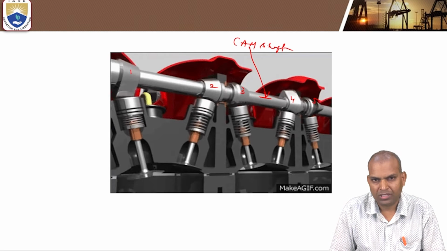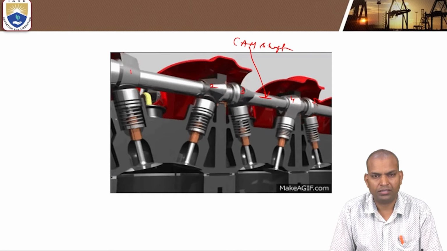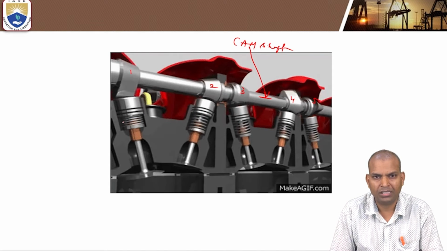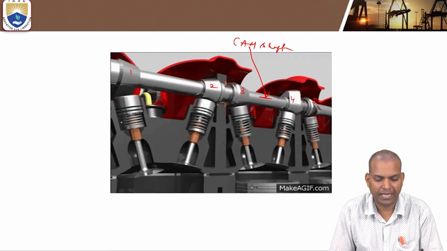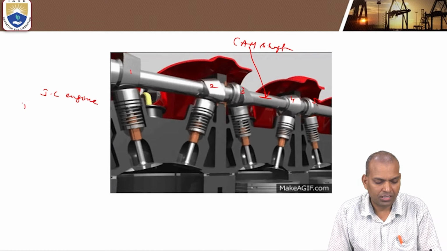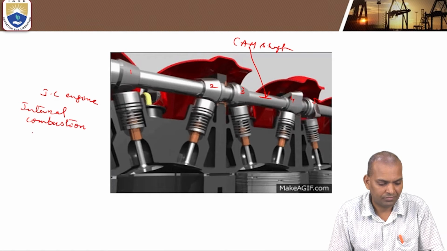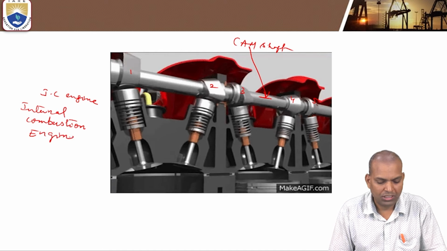The cam is nothing but an oval type of disc used for controlling the inlet and exhaust valves of an IC engine, that is, internal combustion engine. So this is the purpose.